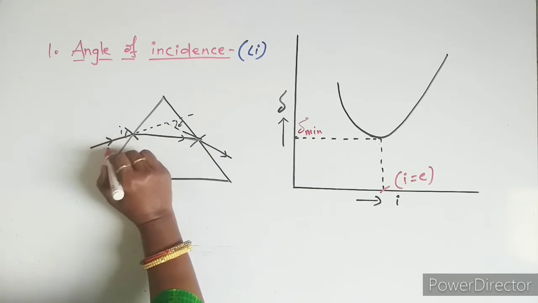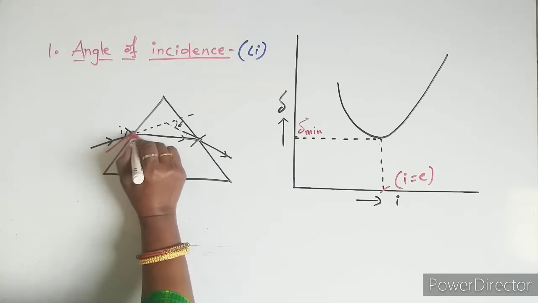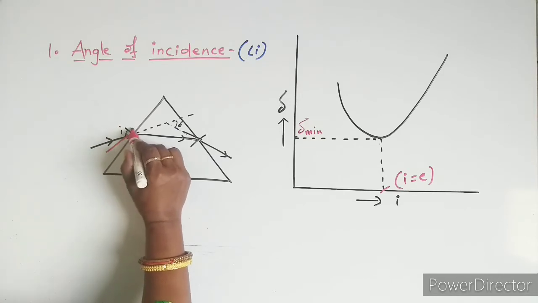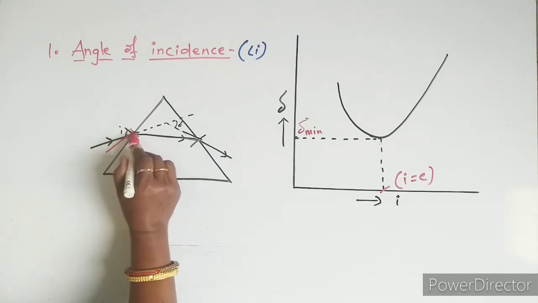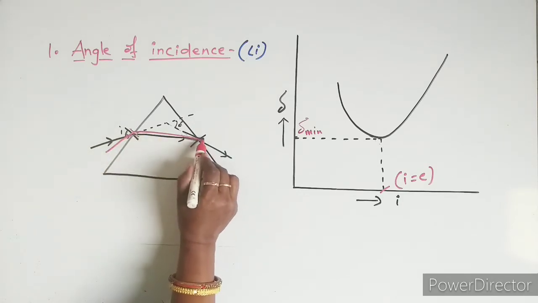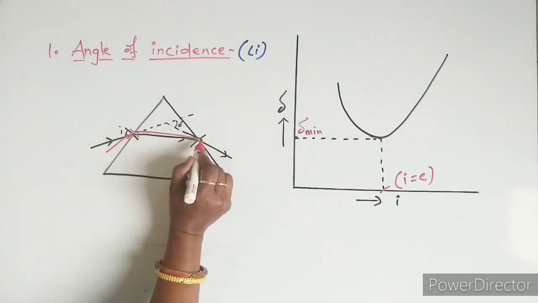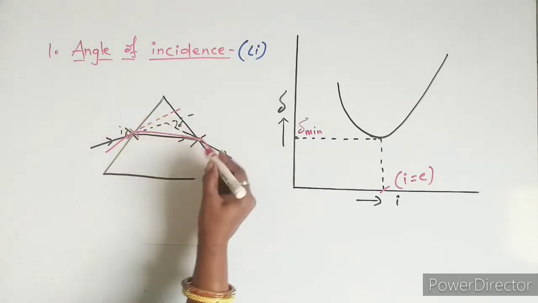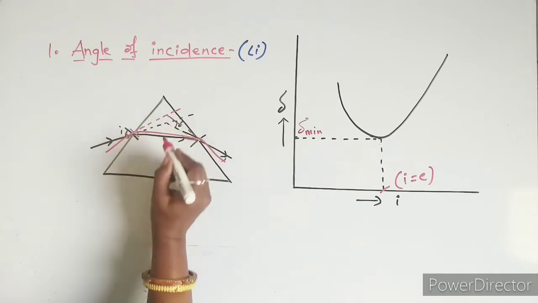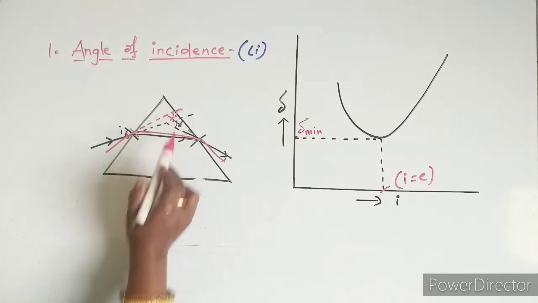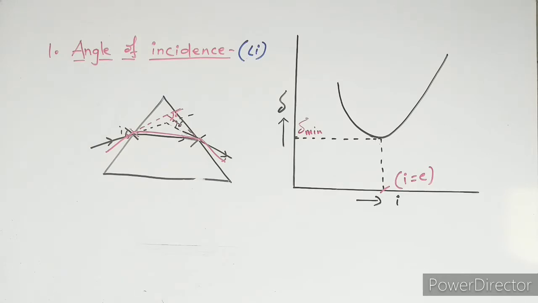Here I am adding a perpendicular, and this one is changing. When it reaches here, see that it is going in this direction. This is the angle of deviation we are getting. There is a change in that angle of deviation.